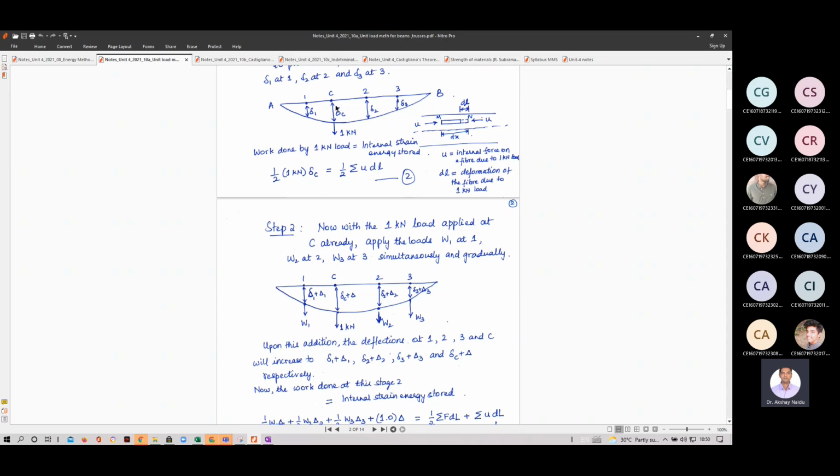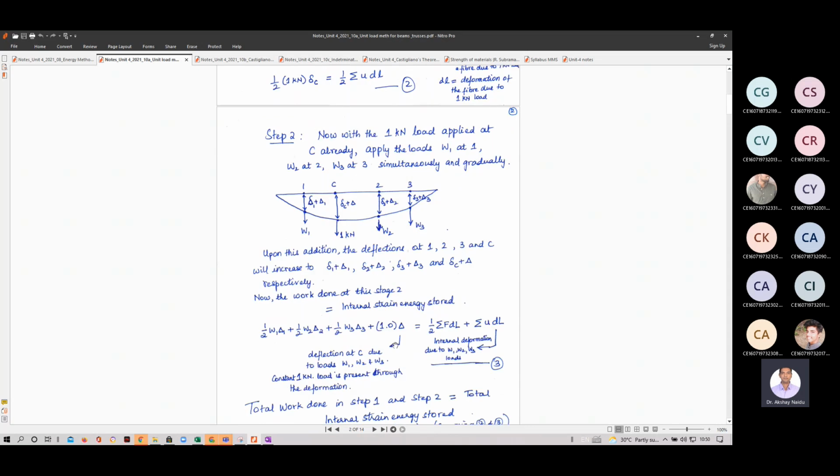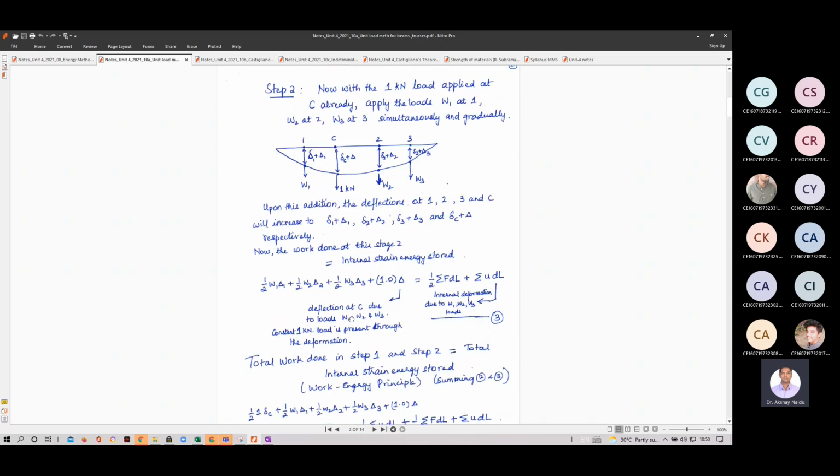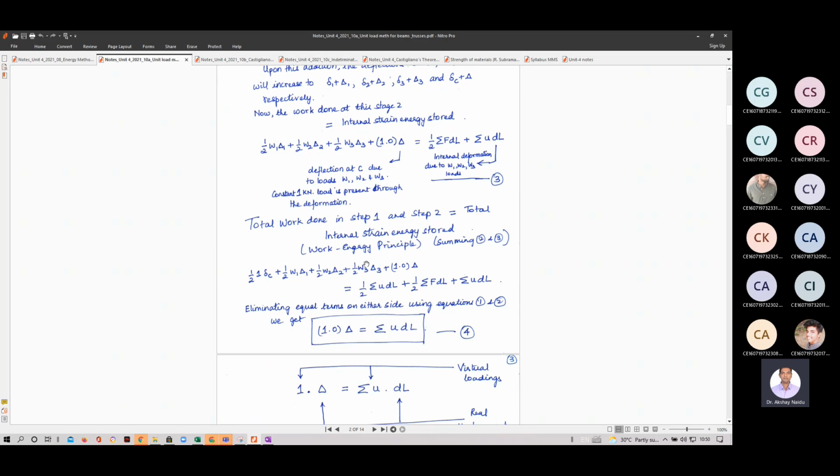So first the unit load is applied and then after that the actual external loads are applied. And then we get an equation of work done and internal strain energy. Here the unit load is already present, so the additional work done will be 1 times delta. After that, you combine the two steps of the work equation and, finally eliminating the common terms, you get this expression.